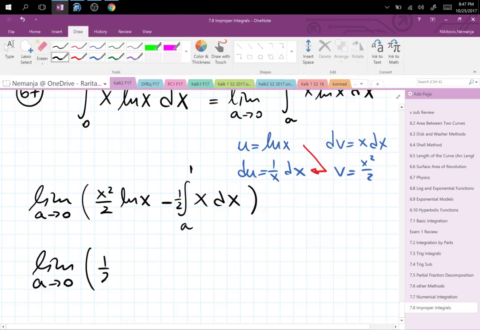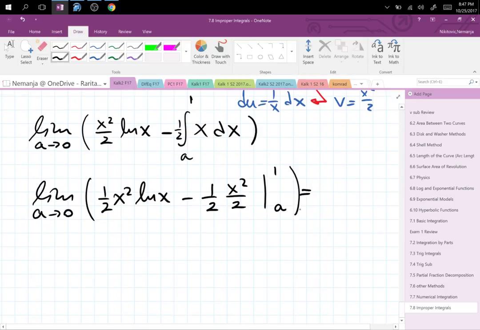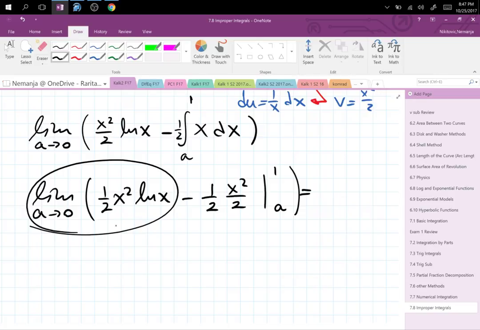The first part, 1/2 x squared ln x minus 1/2 x squared over 2 from a to 1. Do we still have any issues? Well, we have to take this limit. And what you have there is 0 times infinity.